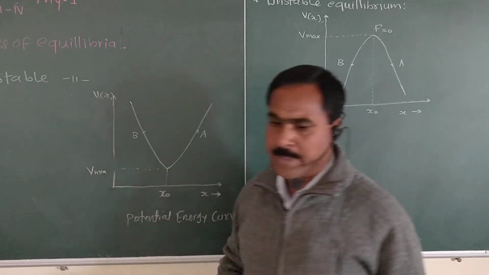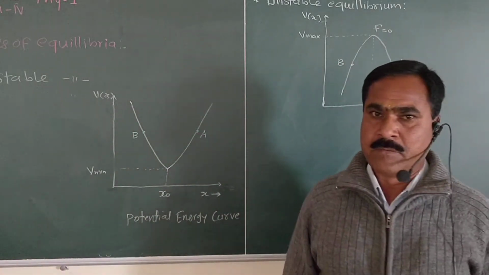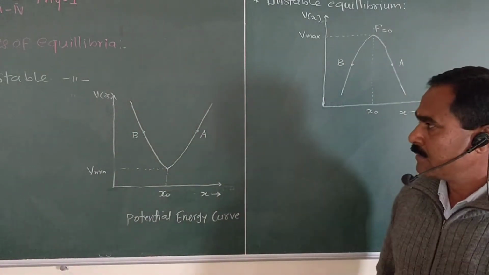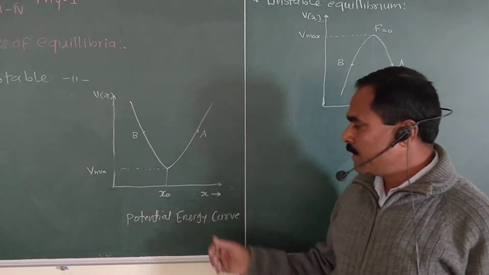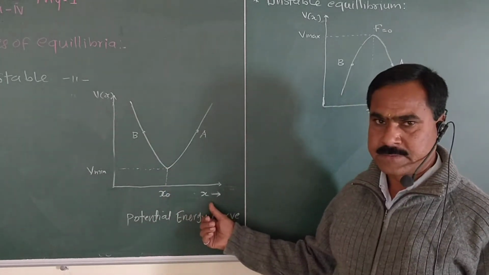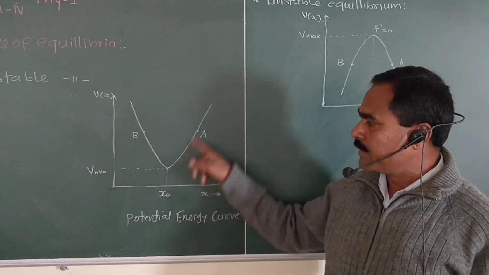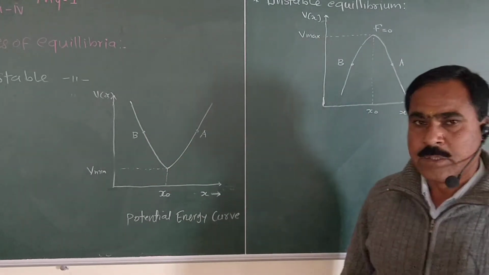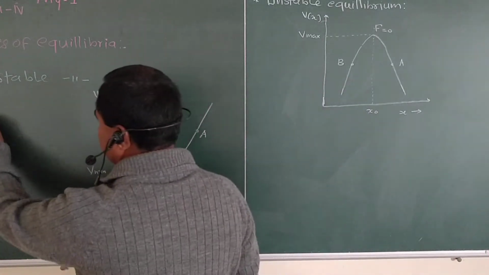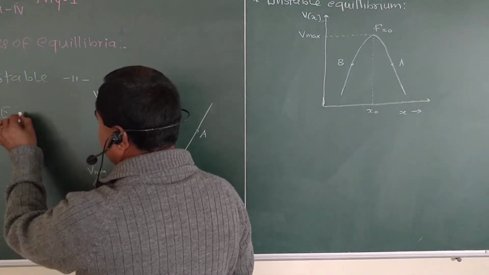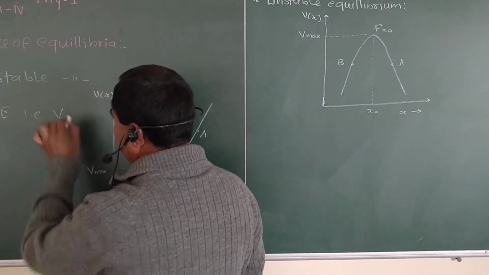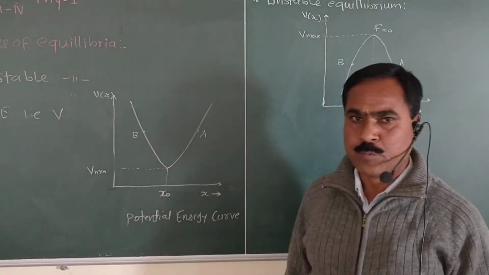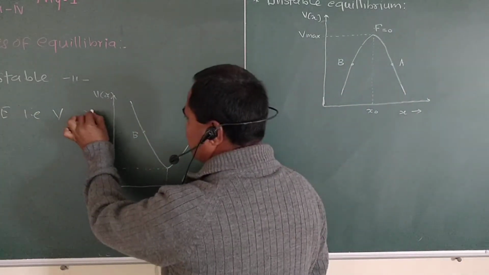Then in stable equilibrium we consider the graph of potential energy versus distance x, and the nature of curve is like this. You know that the potential energy V is a function of position, that is x.